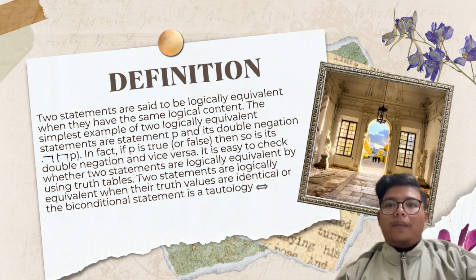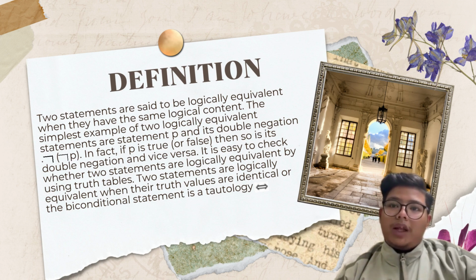In fact, if P is true or false, then so is its double negation, and vice versa. It is easy to check whether two statements are logically equivalent by using a truth table. Two statements are logically equivalent when their truth values are identical or the biconditional statement is a tautology.